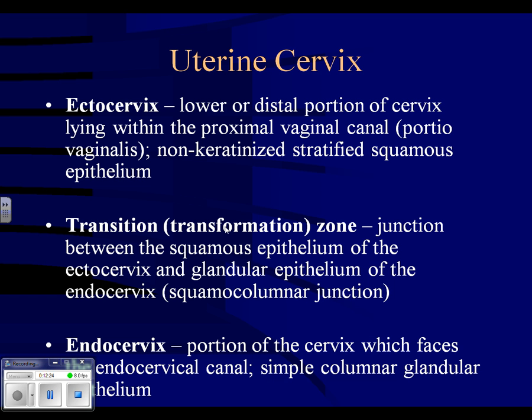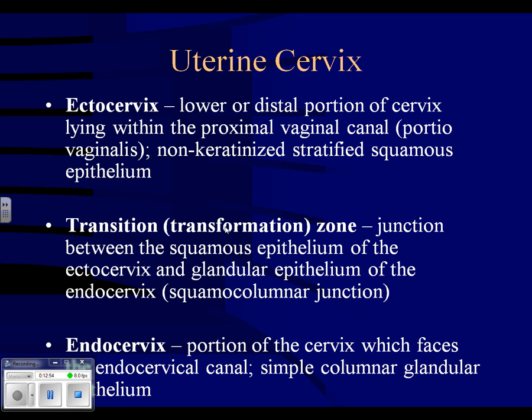Then there's a transition zone or transformation zone. That's the junction between the squamous epithelium of the ectocervix and the glandular epithelium of the endocervix, also called the squamo-columnar junction. On colposcopy, when it's visible, there's almost a flesh tone to the ectocervix, and then it gets a darker pink color as you get into that glandular area.